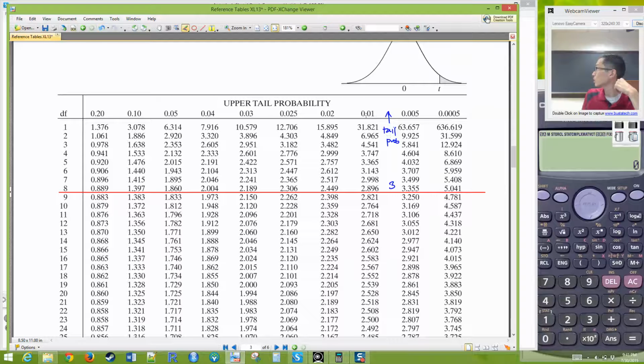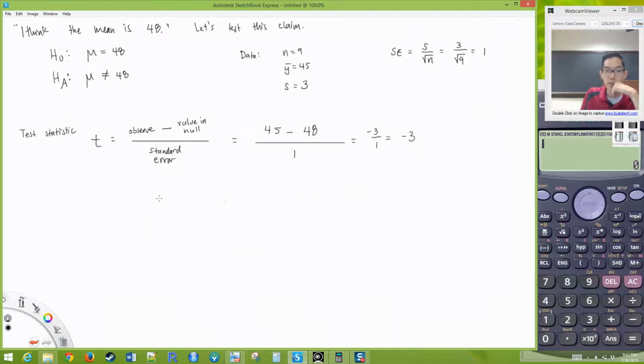So my tail probability is between 0.01 and 0.005. And this is essentially my p-value.